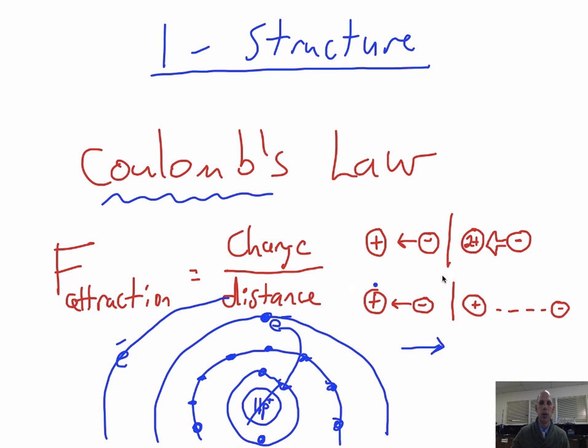This is going to decrease the Coulombic attraction, decreasing the ionization energy, and subsequently increasing the atomic radius. So with structure, get those charges closer together, make them bigger, it's going to be greater. Get them further apart, make them smaller, it's going to be weak. In chemistry, we experience Coulombic attraction mainly by the energy required to pluck off an electron.